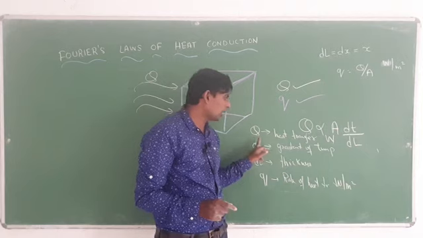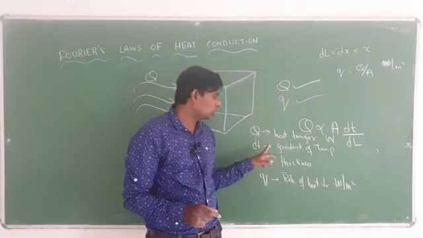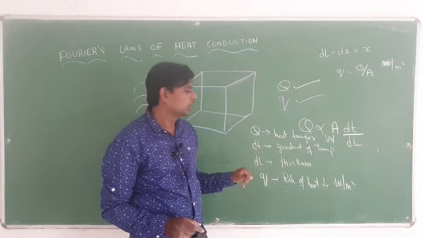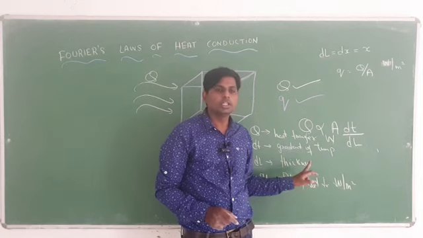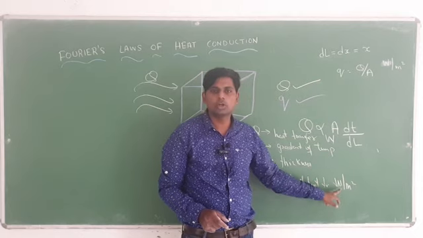Another thing, Q stands for heat transfer, unit is watt, and dT stands for gradient of temperature, and dL stands for thickness, and small q stands for rate of heat transfer, unit is watt per meter square.